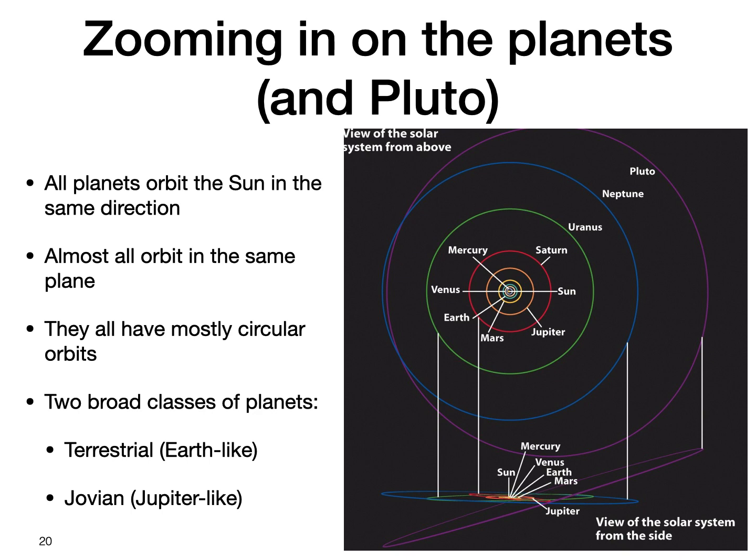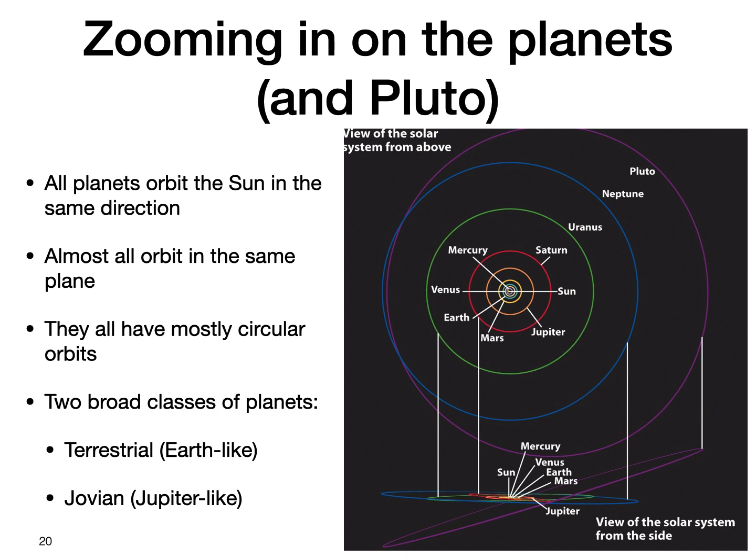If you happen to be looking from such that this looks like a bullseye, so all the orbits are perpendicular to your line of sight, then all the orbits of planets are in the same direction. So they're all counterclockwise or all clockwise, depending on your perspective.